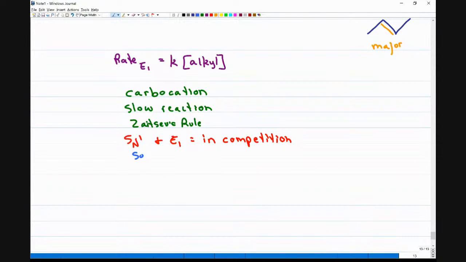So you'll often see solvolysis, and that means the solvent is polar protic. And you'll also sometimes see heat. Heat helps favor the elimination because heat will stabilize the transition state to forming a pi bond.